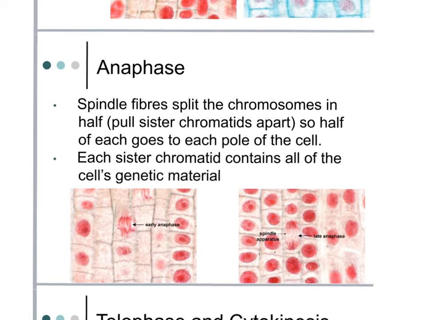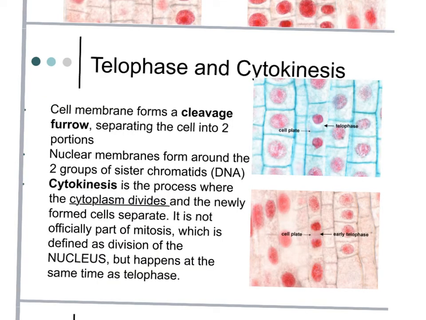If we look at the images, you can see the boundaries of the cell, and the chromosomes are clearly being separated into two different poles. Here you can actually see the spindle fibers pulling them apart. On this slide, we're going to talk about telophase, which ends mitosis, and cytokinesis.